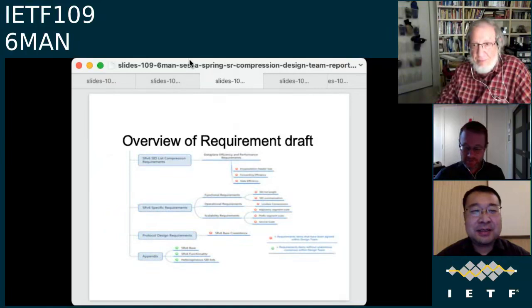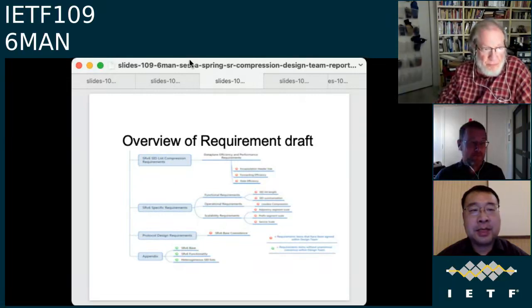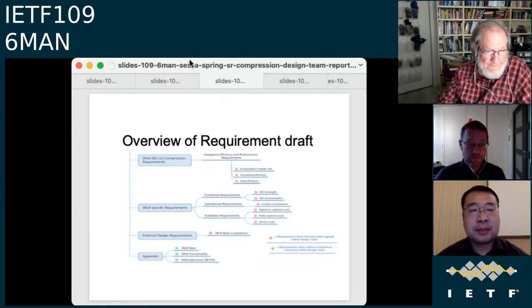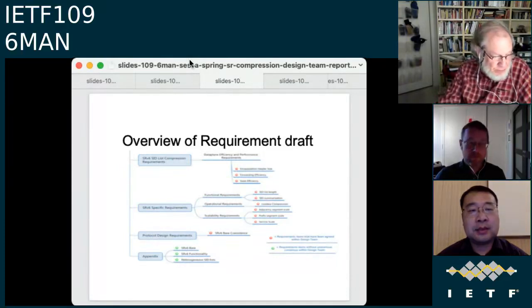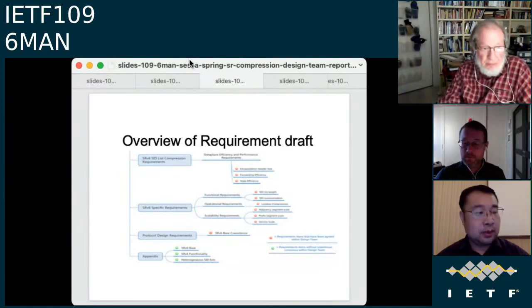Okay, here is an overview of the requirements draft. There are 3 main parts of the requirements. The first aspect is SRv6 compression requirements. The second aspect is SRv6 specific requirements. And the last one is protocol design requirements.